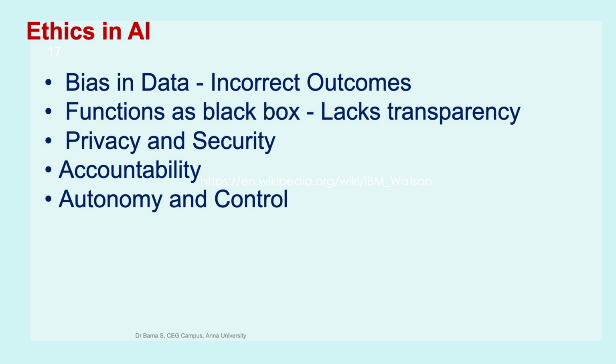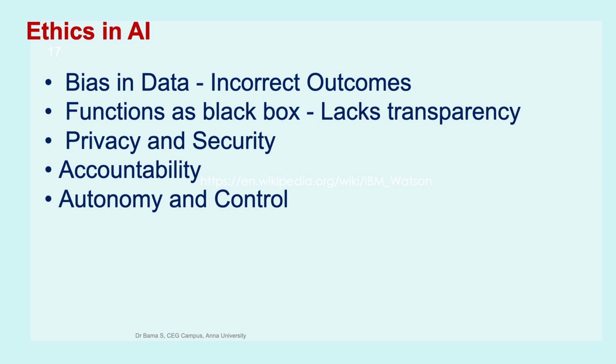Now, talking about the future trends. In the future trends, it would be ethics in AI. Why ethics is very important here is the bias in data. Again, when we talk about machine learning, we need lots and lots of data. And when we have lots of data, we have to make sure that the data is actually true data and it is not biased.